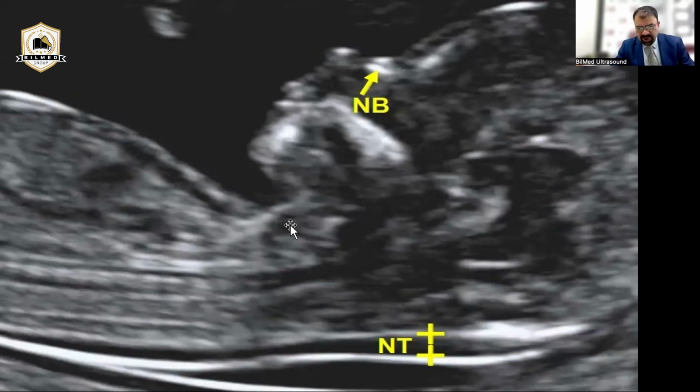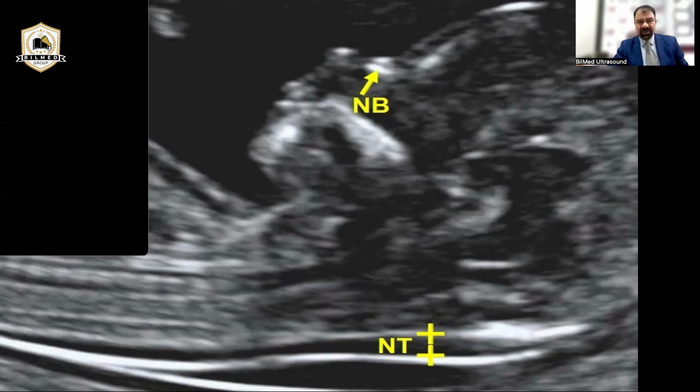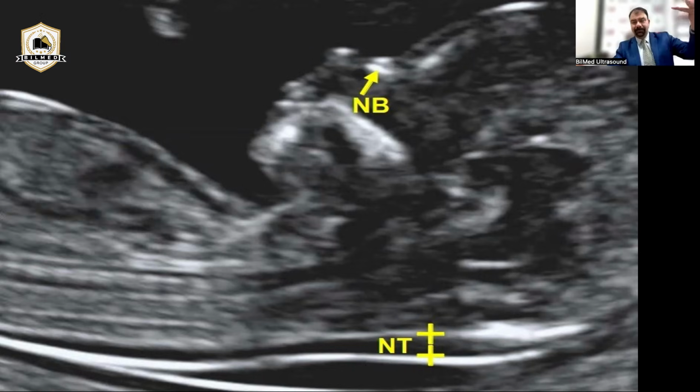Now, the first question from Dr. Bhagishri is that if the fetus is upside down, I mean the face is downside, can I get a good NT? In fact, that is the best plane for nuchal translucency. I am not saying this for an NT/NB scan, not for level 1, but to get the nuchal translucency, that is the best position of the fetus, when the fetus has spine up.